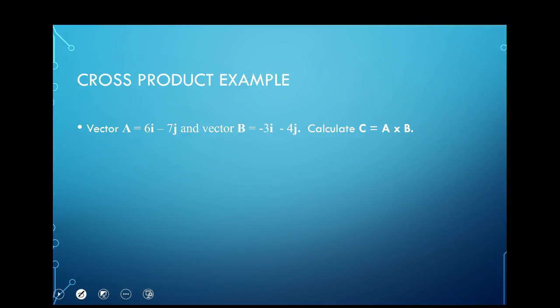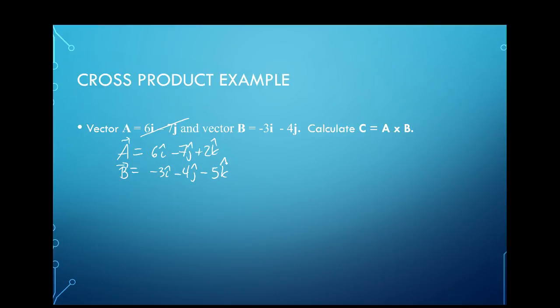But actually, we want to show how this works out in 3 dimensions. So we're going to call A 6i hat minus 7j hat plus 2k hat. And vector B is going to be the same thing, negative 3i hat minus 4j hat minus 5k hat.